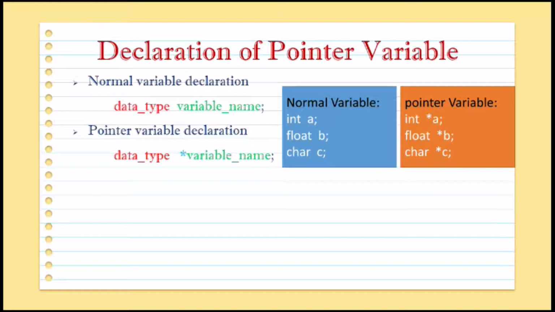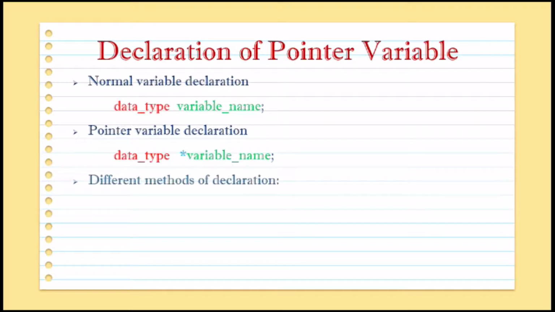To declare floating point variable as a pointer, we have to write float then star operator followed by variable name. In this case, it is b. To declare character variable as a pointer, we have to write char then star operator followed by variable name. In this case, it is c.